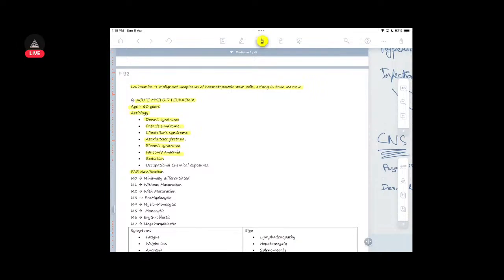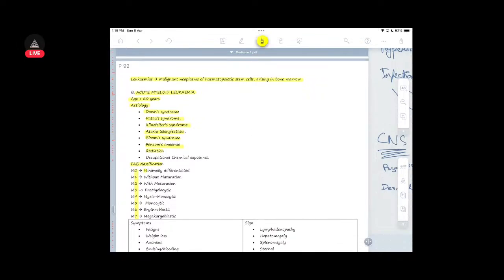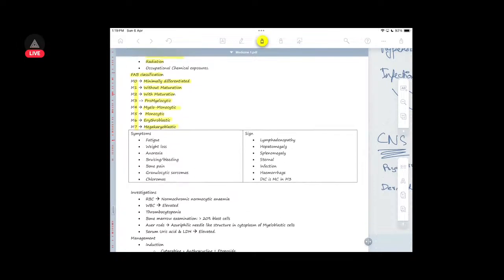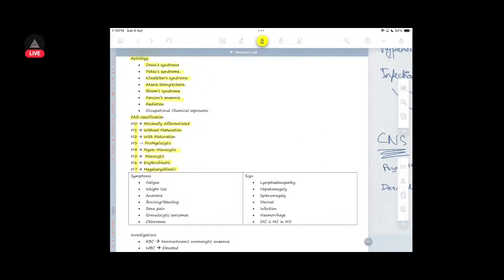So FAB classification, you have all the different levels, M0 to M7. 0 is minimally differentiated, 1 is without maturation, 2 is with maturation, 3 is promyelocytic, 4 is myelomonocytic, 5 is monocytic, 6 is erythroblastic, 7 is megakaryocytic. 0, 1, 2 you can remember as minimally differentiated, without maturation, with maturation.